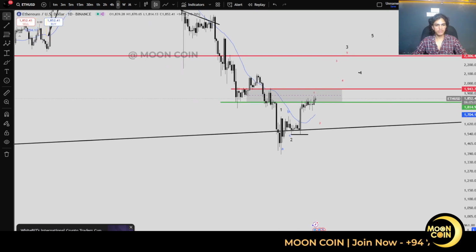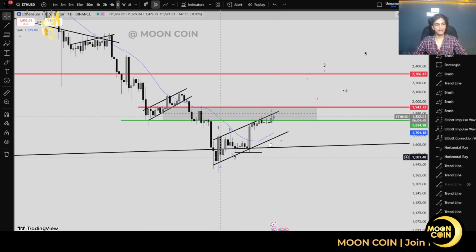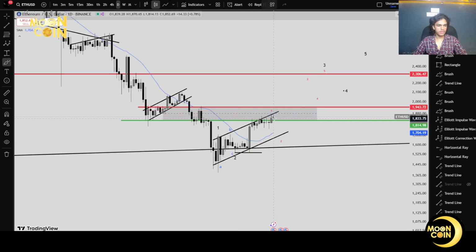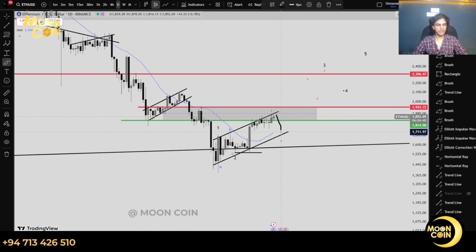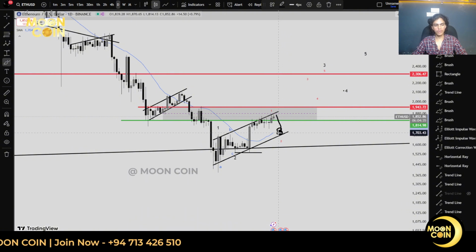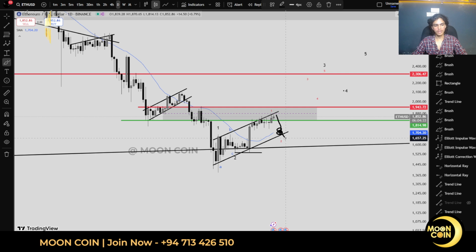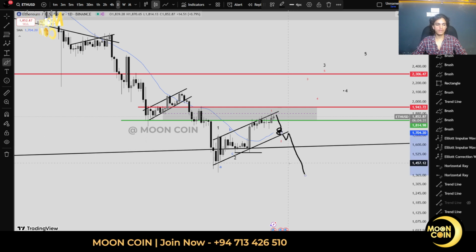Now I'm explaining the bearish scenario. If we had a drop from this zone, and it reaches here, like I said, and if this level did not hold, then it can go for a drop like this.